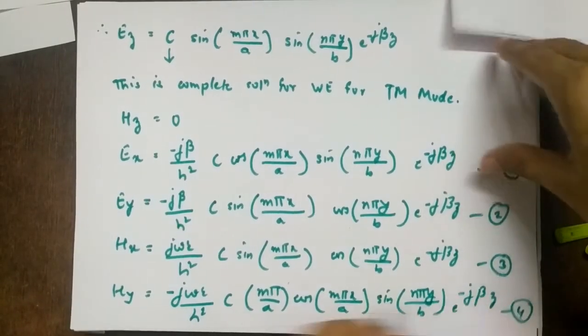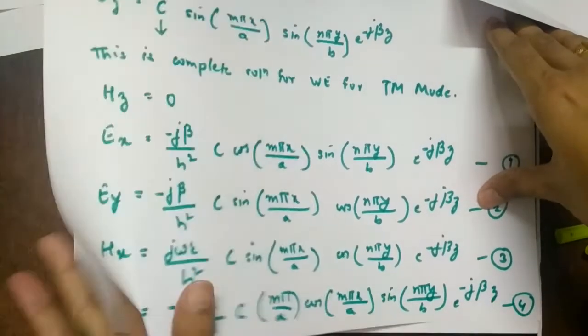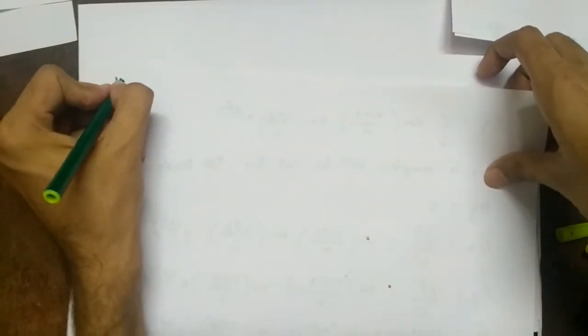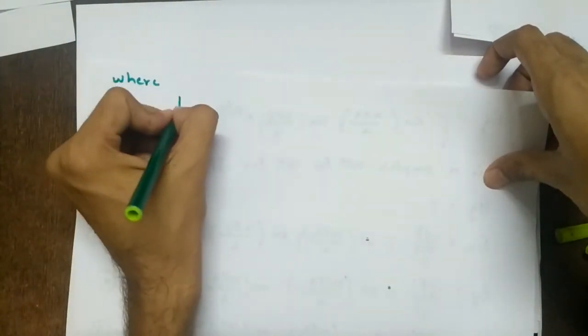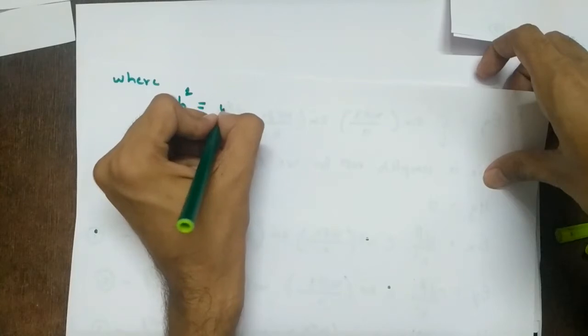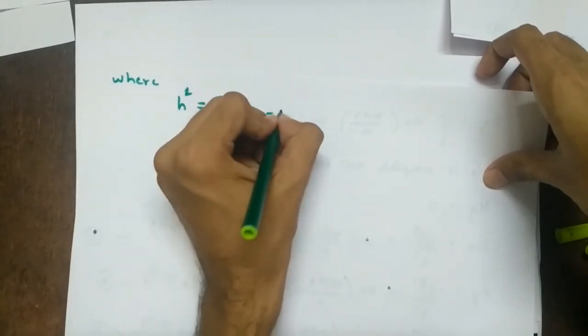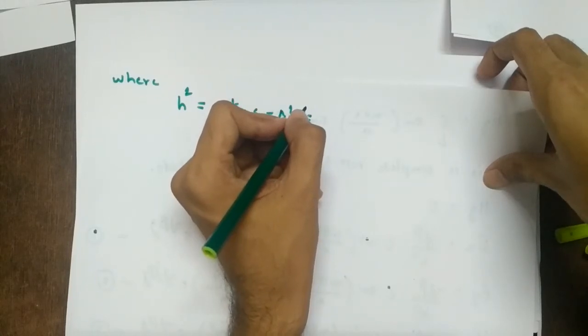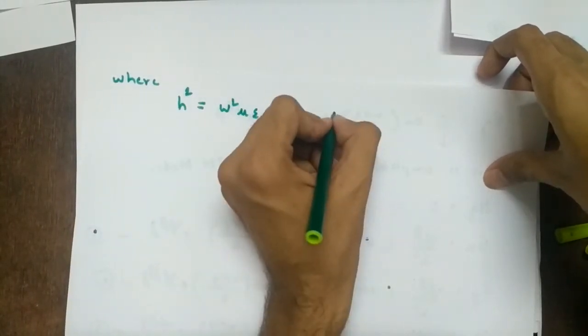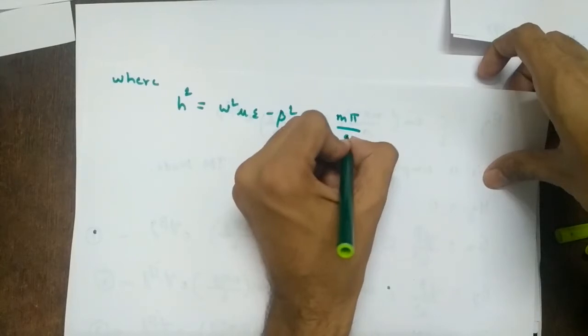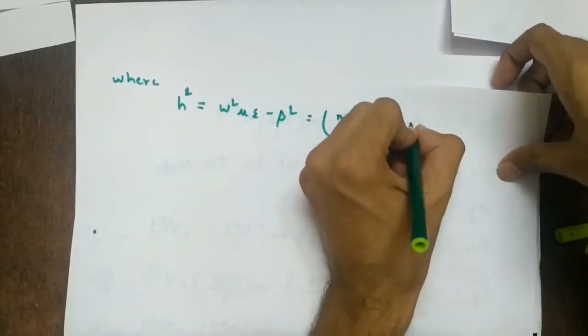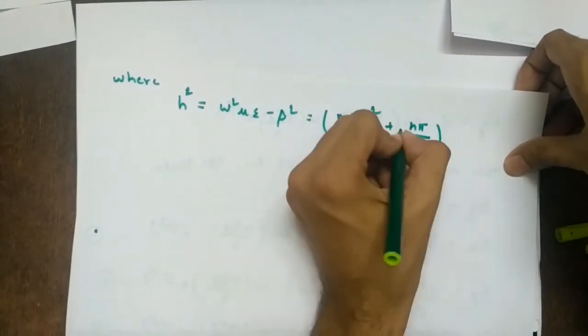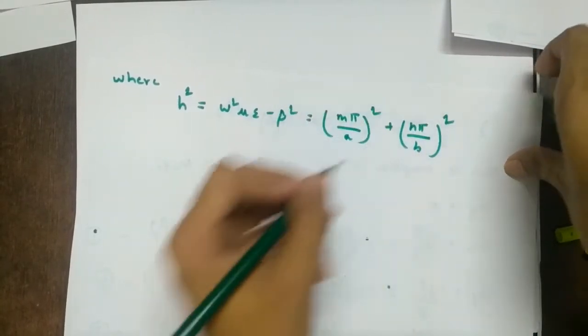So this is equation 4, and we have an h term here. So what is that h? h square we have already seen: it is omega square mu epsilon minus beta square. If you actually solve this, it will be equal to m pi by a the whole square plus n pi by b the whole square.